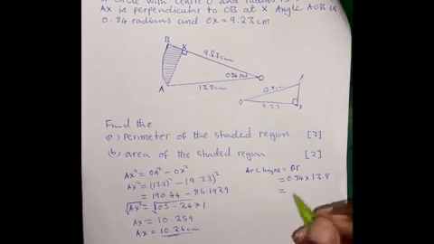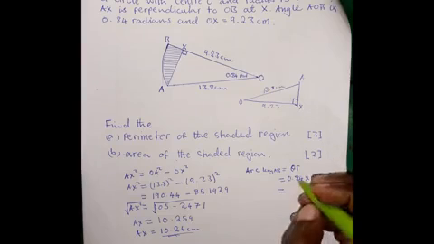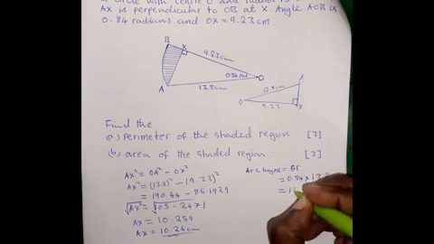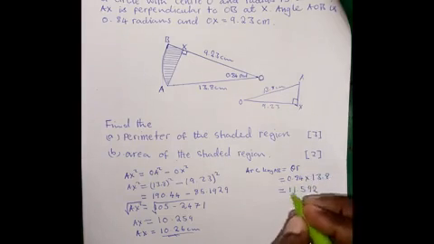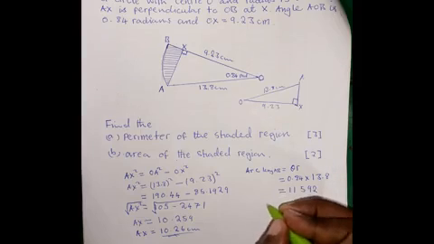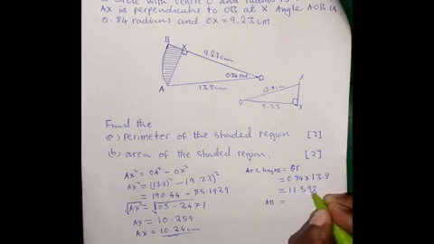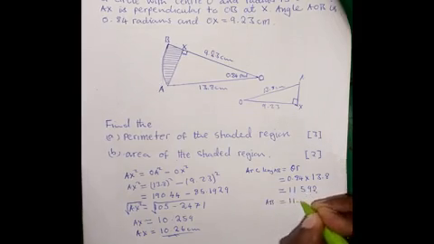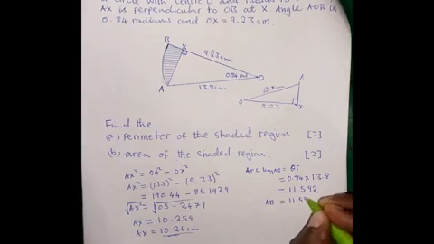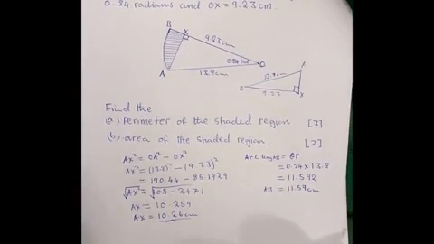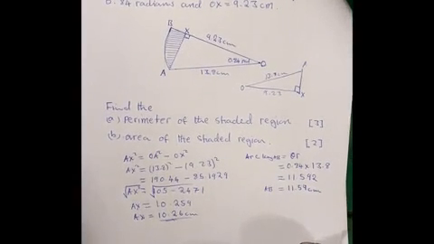When you compute this on the calculator, the answer is 11.592, which is the arc AB. When you round off to two decimal places, it's 11.59 centimeters.